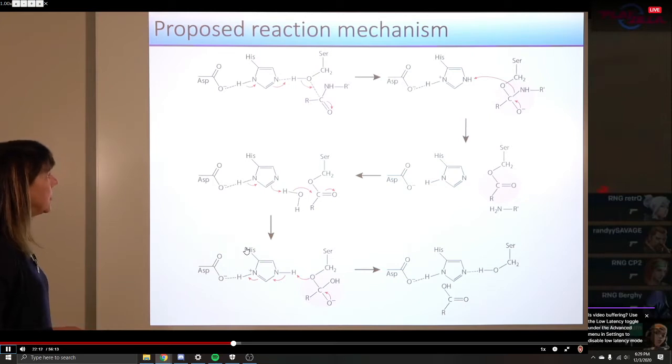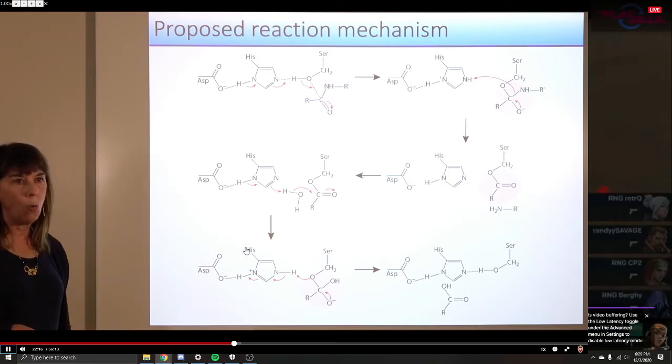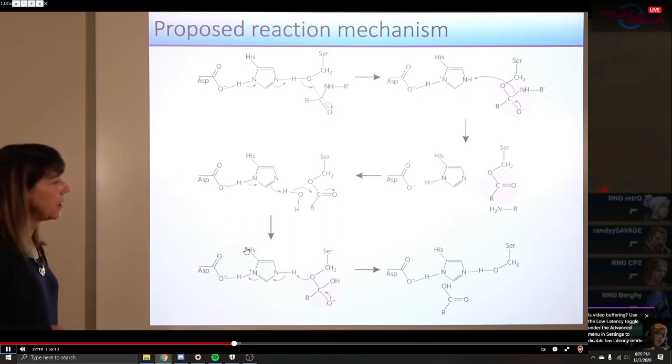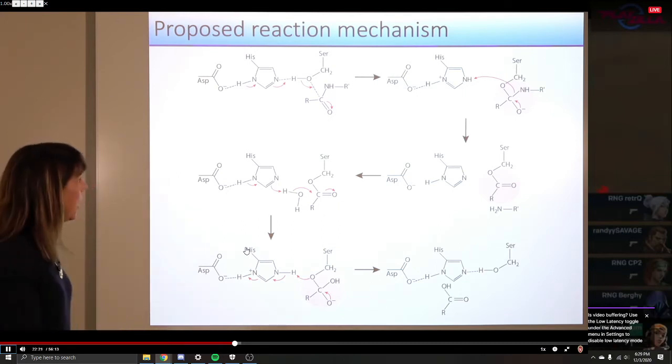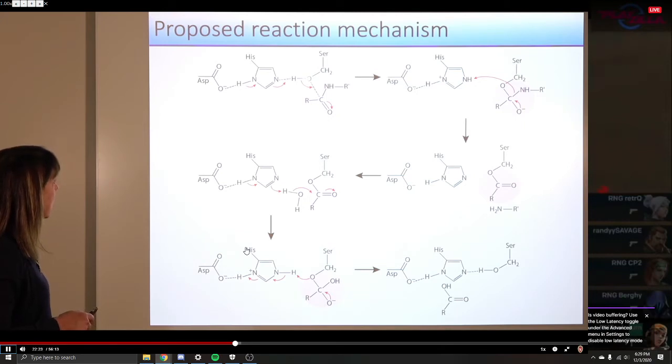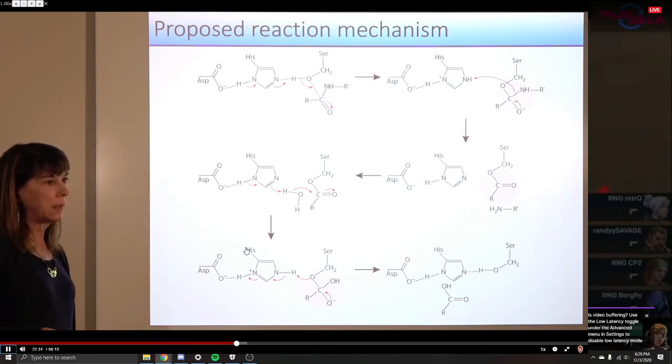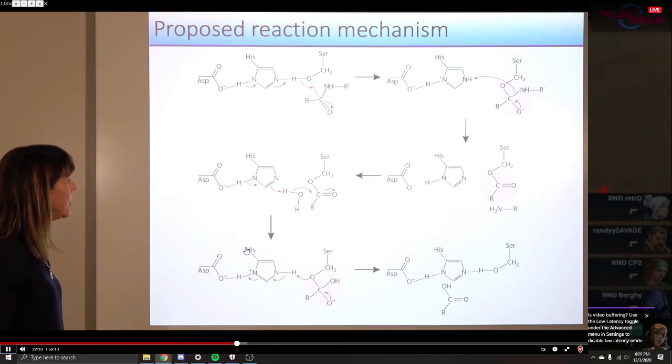So now you want this to collapse. But this NH group is going nowhere unless you put a proton on here to make it a better leaving group. And so what happens is the histidine that grabbed that proton off the serine is now going to put it onto here, and what happens? It collapses.